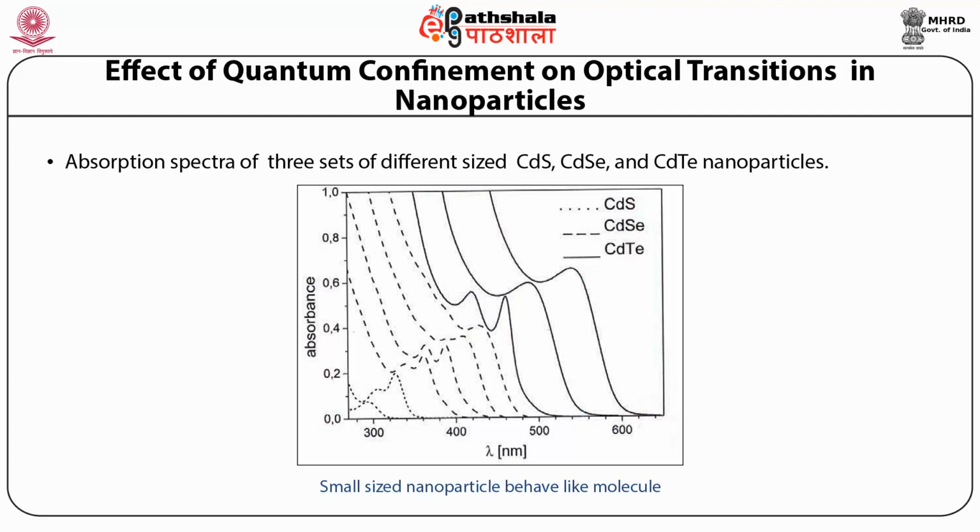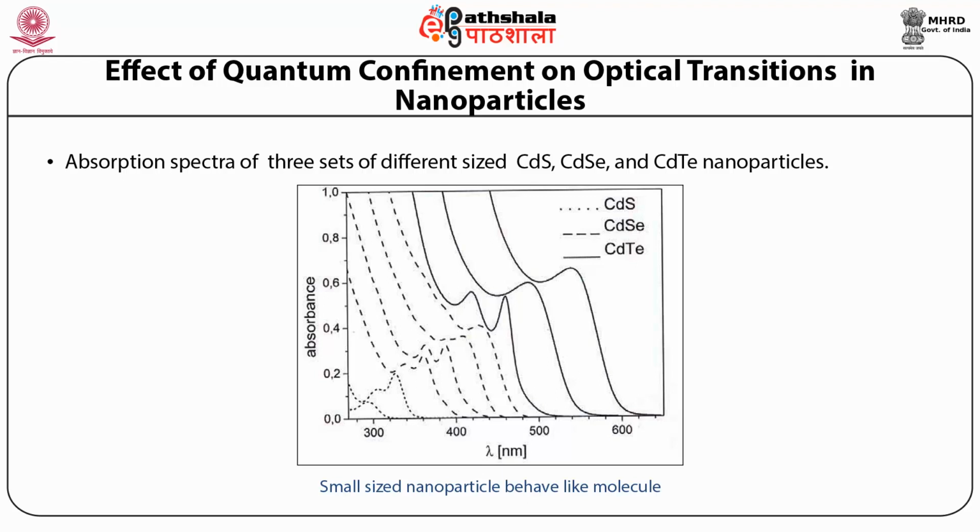It is clear that excitonic transition is observed in all the samples, but in smaller sized nanoparticles, there are two peaks, which establish that the smallest sized nanoparticles indeed behave like a molecule, in which the absorption spectrum is always a doublet peak due to Davydov splitting.